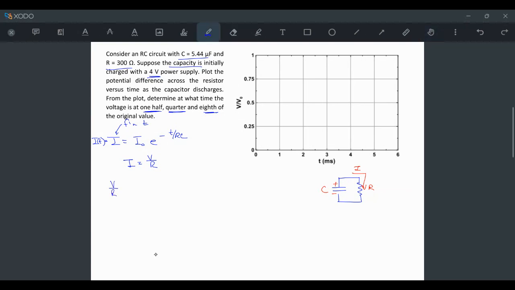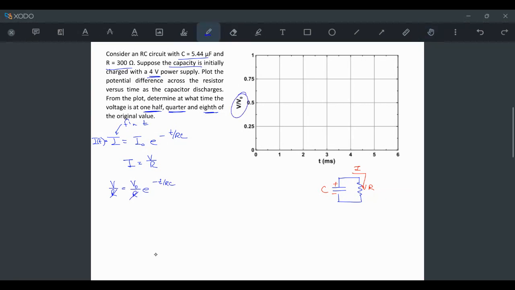So voltage as a function of time divided by R, replacing I, is equal to V naught divided by R, and we have e to the minus t divided by RC. I'm just using Ohm's law twice here to replace either of the currents. So these cross off, which is really handy.